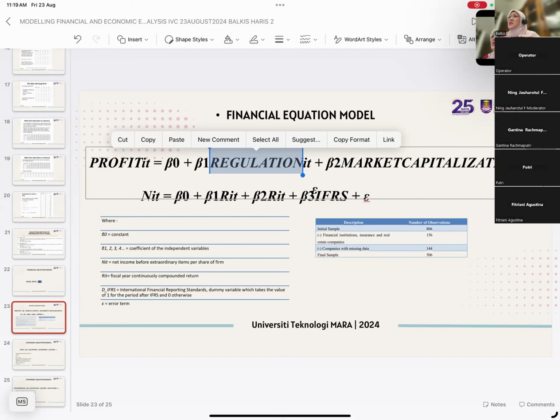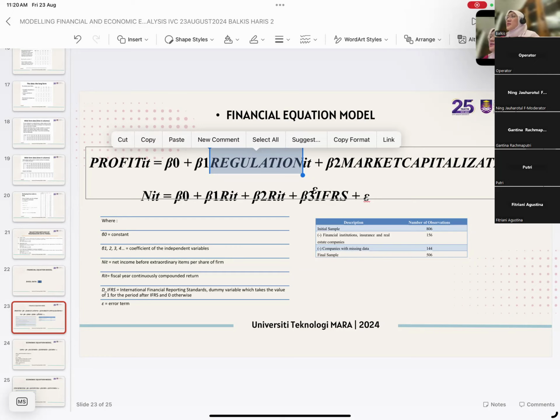The effectiveness is measured using profit. If the CAR, the new regulation imposed, is effective, it means the performance of the company increases, and it's proxied by the profit of the firm. Profit means net profit, net income, net earnings.